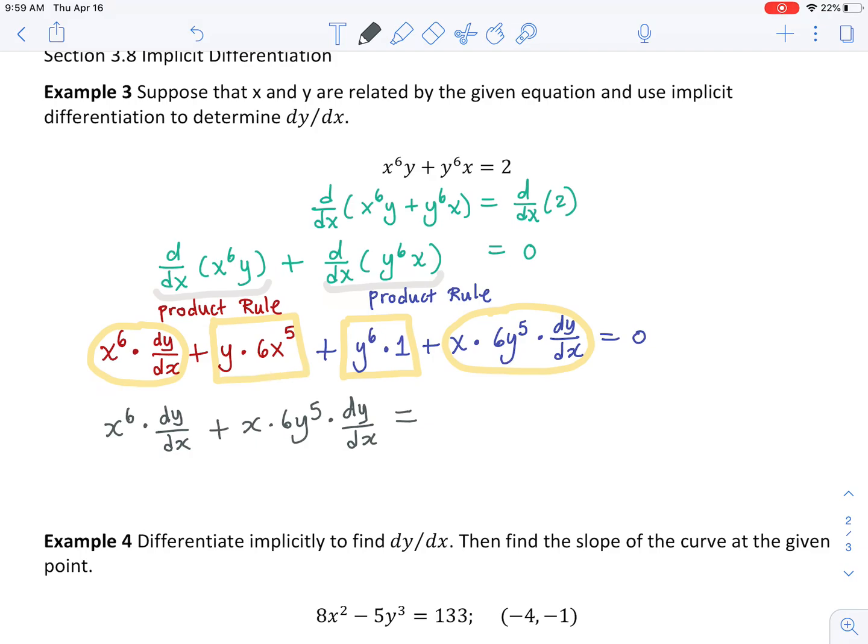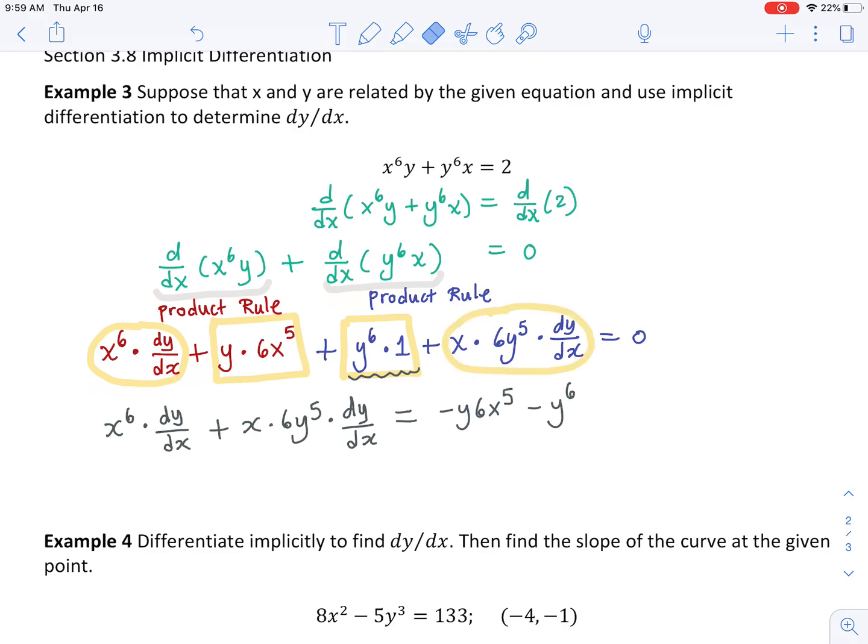And everybody else moves to the right side because they don't have dy/dx. So if I move this to the other side, by subtracting, I'll get negative y times 6x to the 5th power. And then this plus y to the 6th power is now minus y to the 6th power. And the times 1 is just gone.